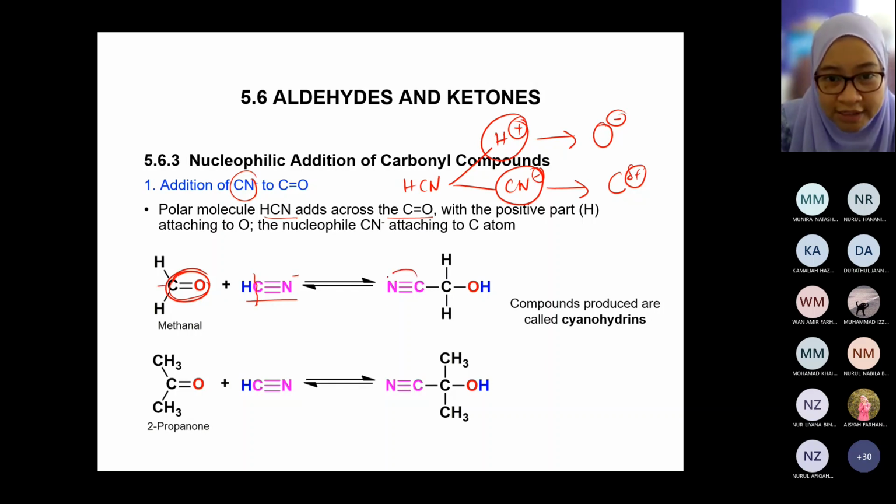That's why you see it attach from the back. Once it forms a bond here, the double bond can no longer stay as a double bond, because there would then be 5 bonds there. So the pi bond will be broken, leaving the O negative. The hydrogen is positive, so it will be attracted. The O will attack the H, so it becomes OH.